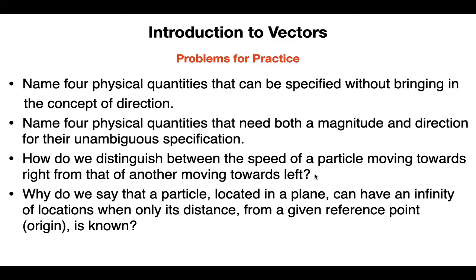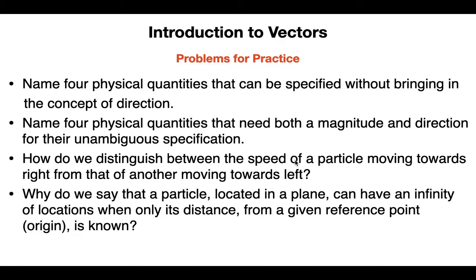First, name 4 physical quantities that can be specified without bringing in the concept of direction. Second, name 4 physical quantities that need both a magnitude and direction for their unambiguous specification. Third, how do we distinguish between the speed of a particle moving towards right from another moving towards left?